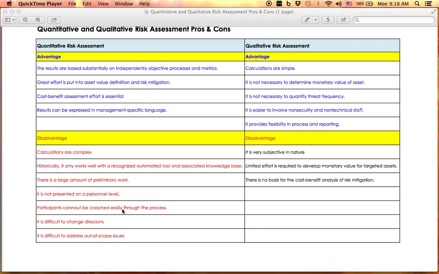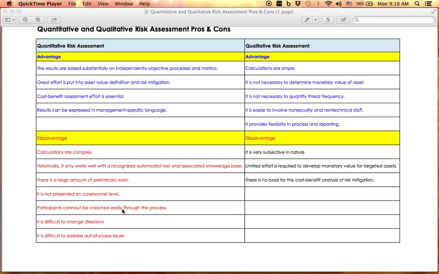This is an area that we call a disadvantage. The auditor or risk assessor could not coach or convince the auditee throughout the process, meaning that we have to convince for what we assess.